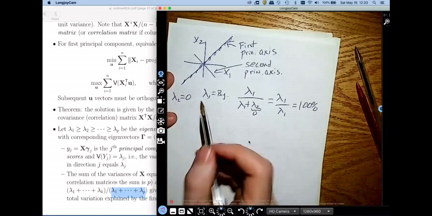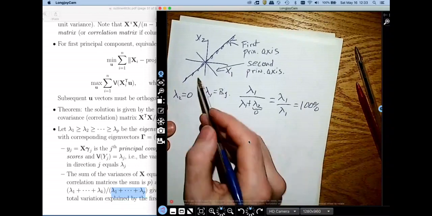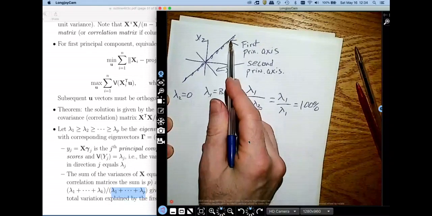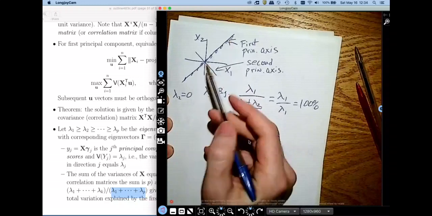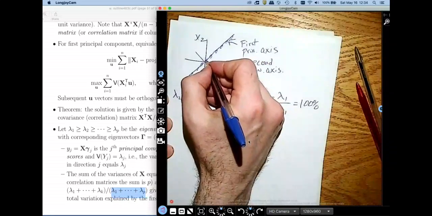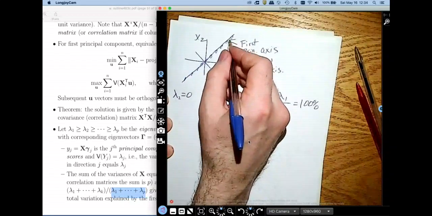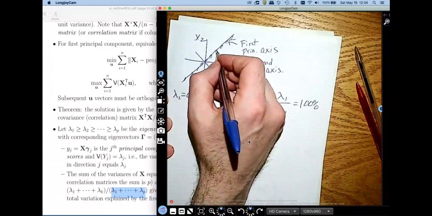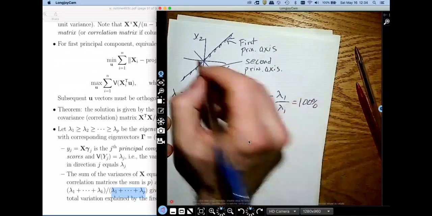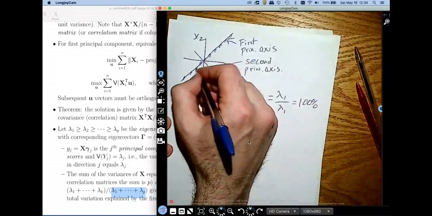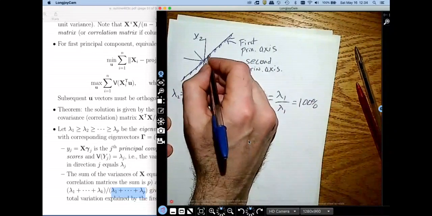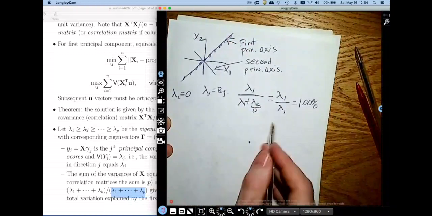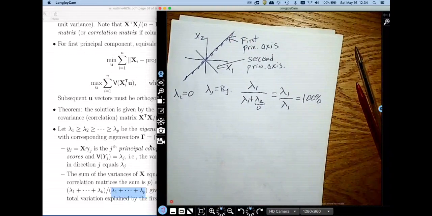In other words, I would capture 100% of the variance in my data by summarizing it with the first principal component. We don't have to project much because they all fall on the line, but just knowing how far each of these points is from the origin tells us everything we need to know about these x's. So we would say we're capturing 100% of the variance there.